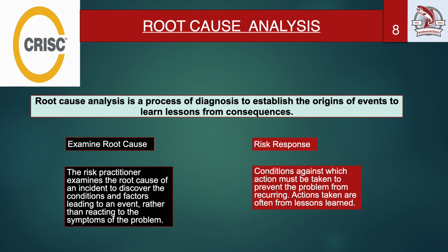In many cases, a risk event may be the result of coinciding events, several issues that act in combination to create what appears to be a single result. Friends, the risk practitioner can use root cause analysis as a means of identifying coinciding events which cannot be traced to a common cause. In this case, the solution is more than just a single response activity or implementation of a single control.